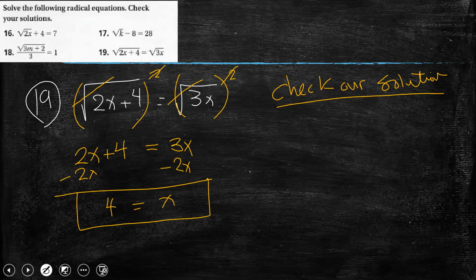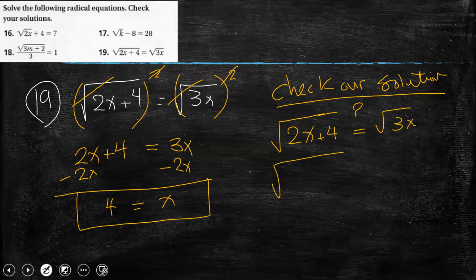Let's substitute. Here we say that the square root of 2x plus 4 is the square root of 3x. So 2 times 4 plus 4, is it equal to the square root of 3 times 4? 2 times 4 is 8, plus 4, 12.